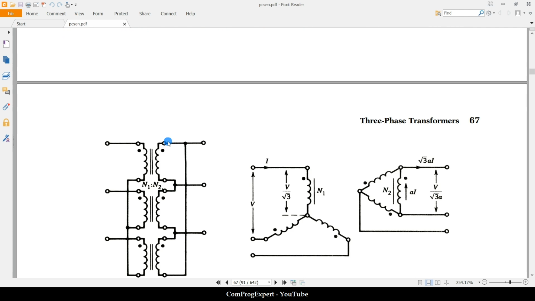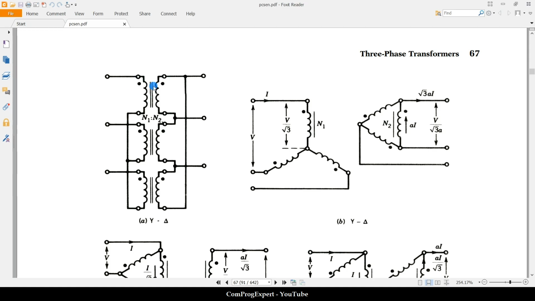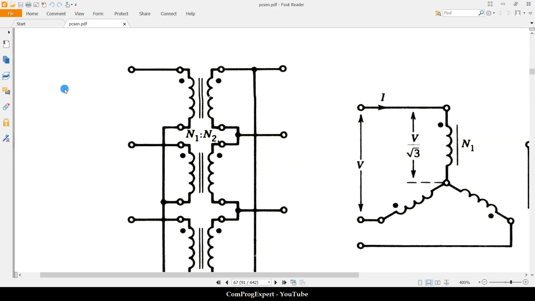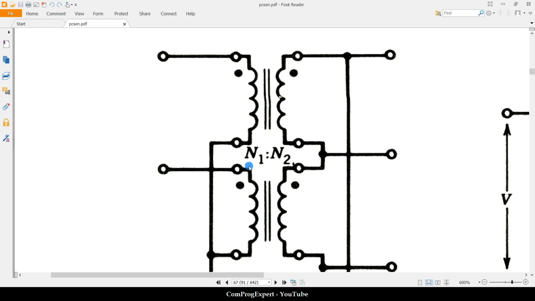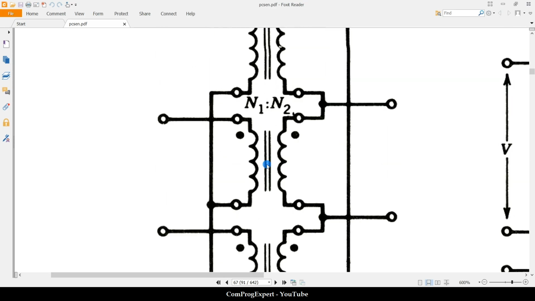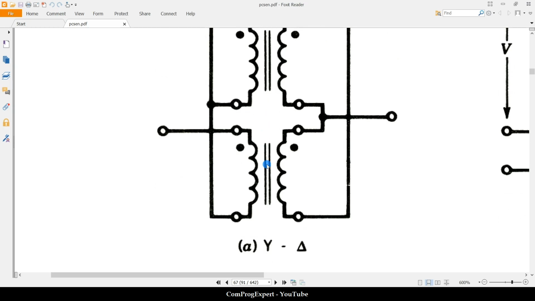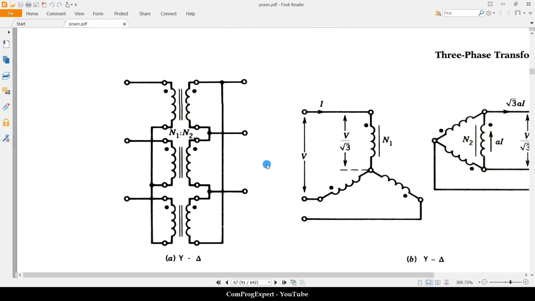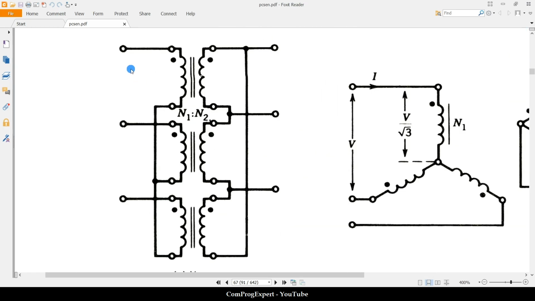So we have these three single-phase transformers. Okay, in this figure here you can see the turns ratio N1 to N2. Right, the turns ratio is the same for these three transformers. So we have three coils for the primary and three coils for the secondary.